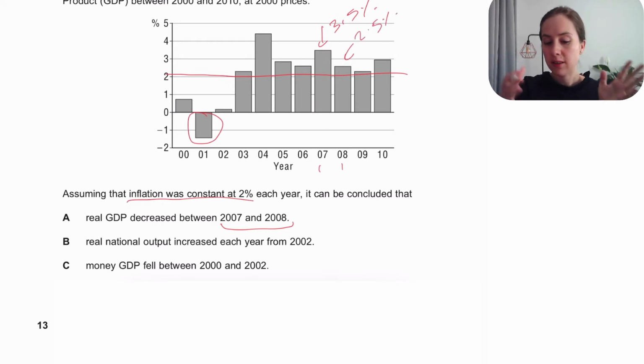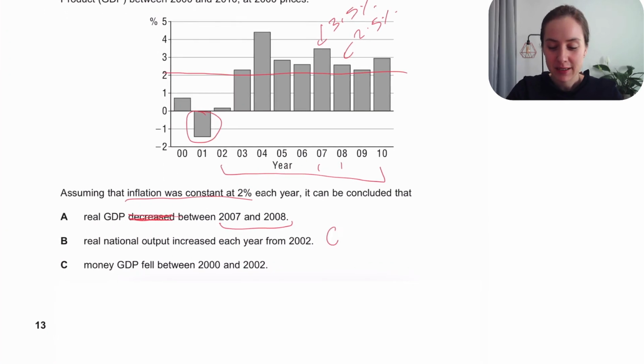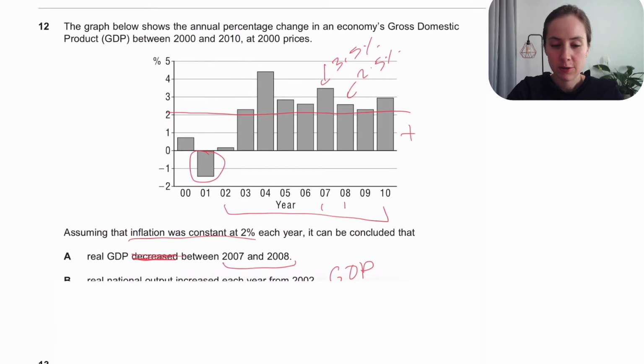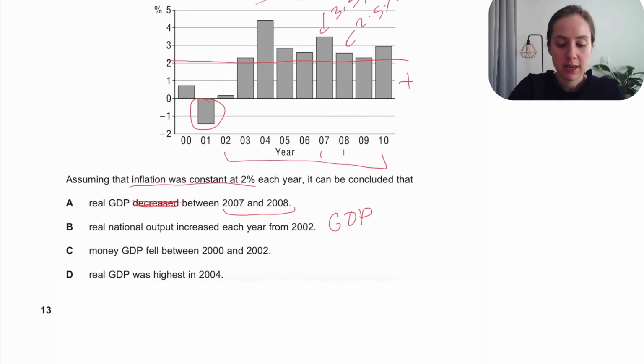So the economy is growing faster than inflation, so real GDP should increase. Real national output increased each year from 2002. So we know what's on the axes. We know GDP. GDP has increased for sure since 2002 because all of these things have been positive. Just double checking this one. It's at 2000 prices, so it's using base year prices. So I like that. This one is already taking into account real values.